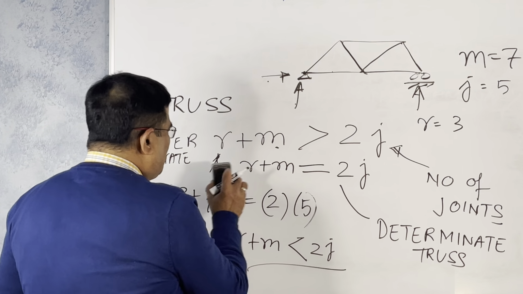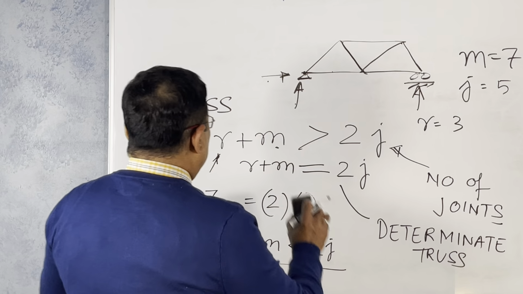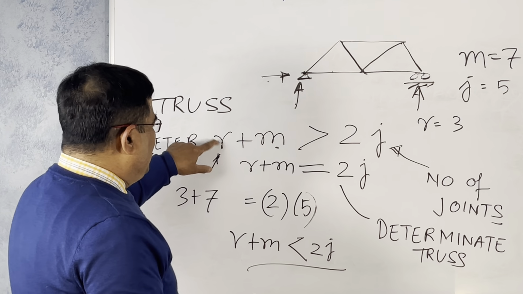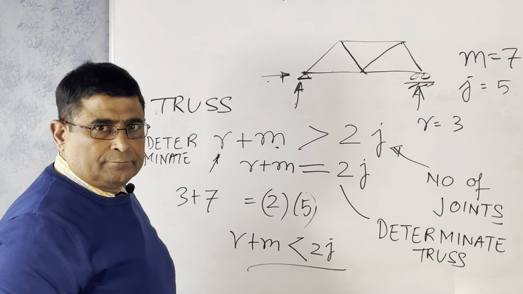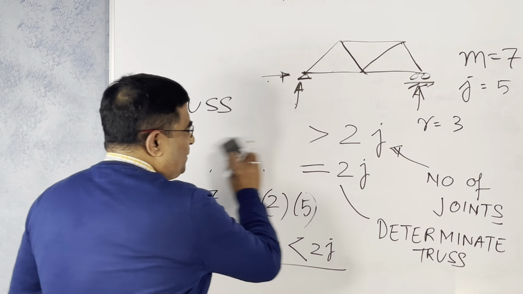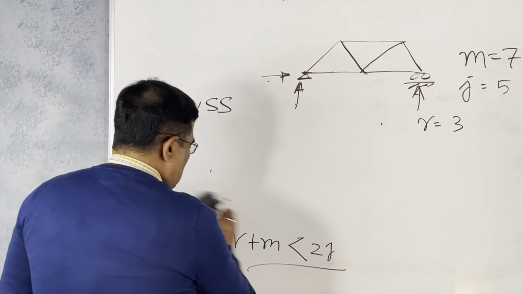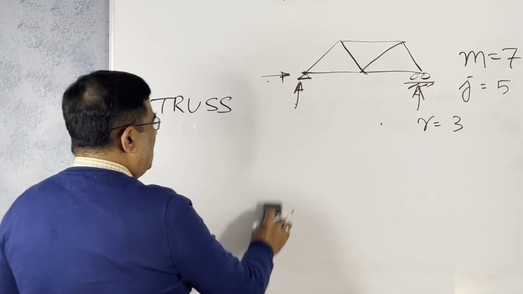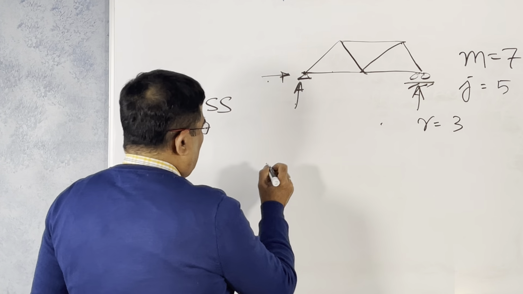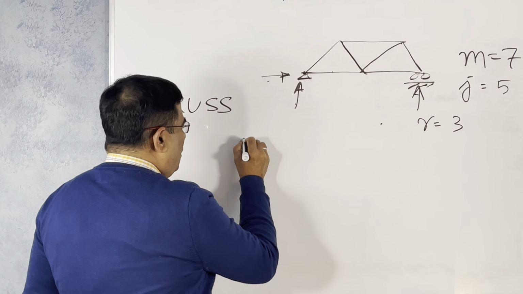Now, one thing you should remember: to be a determinate structure, R must always be 3, because there are two kinds of indeterminacy. A structure can be determinate internally or externally.